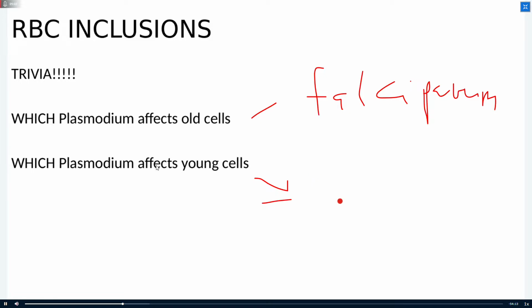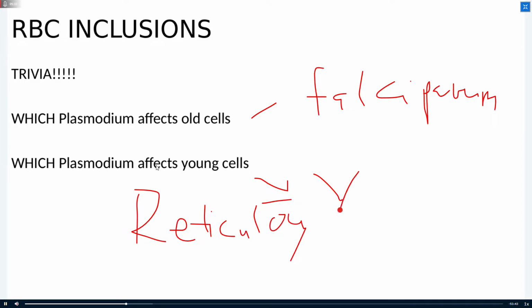Sure ka ba? Si Ovale. Vince, are you sure? Final answer. How about the rest? What do you think? Yung ina-affect yung mga young cells, class. Specifically yung reticulocytes. Okay. Pwedeng Vivax, pwede ding Ovale. Either.